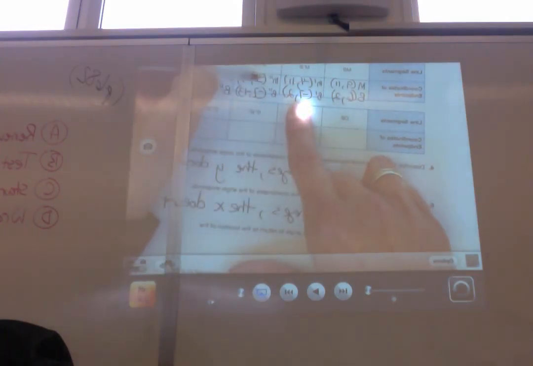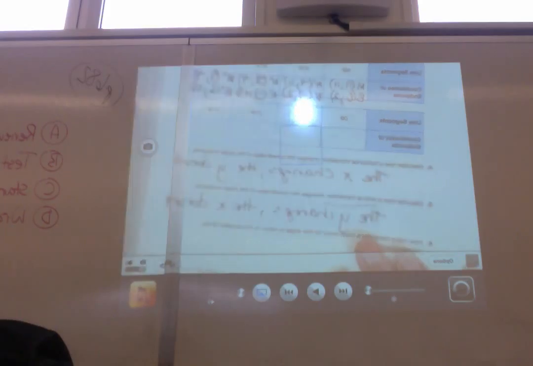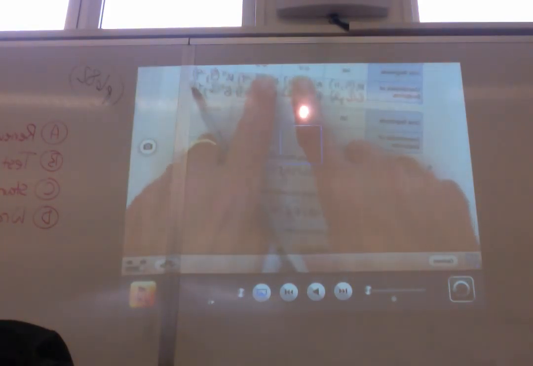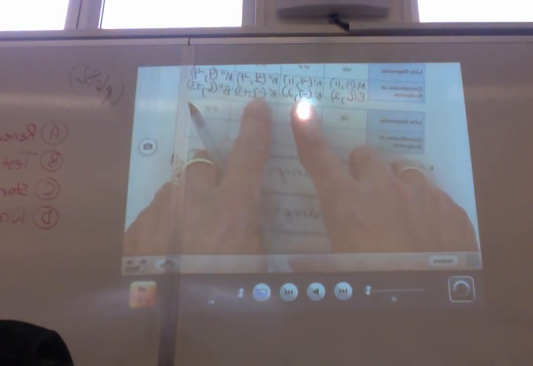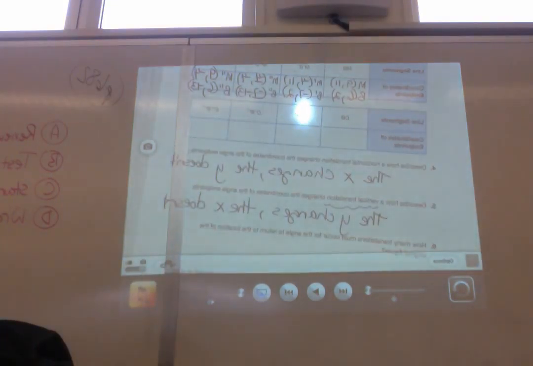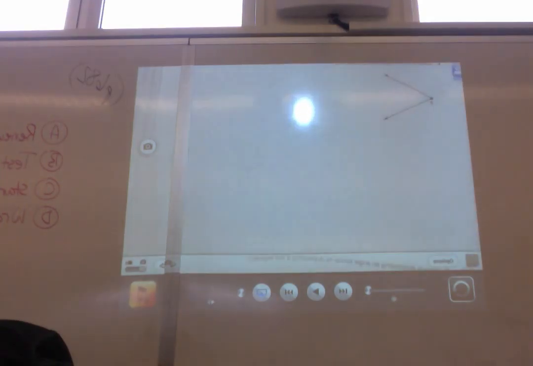Now the X is staying the same, and now the Y is getting moved down. So this one was that translation. X's stay the same, 4, -4, -7, -7, but the Y's change. All right, flip the page.